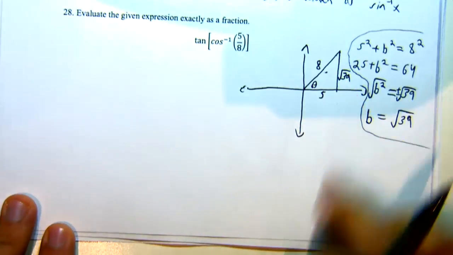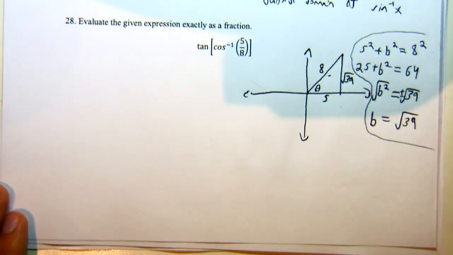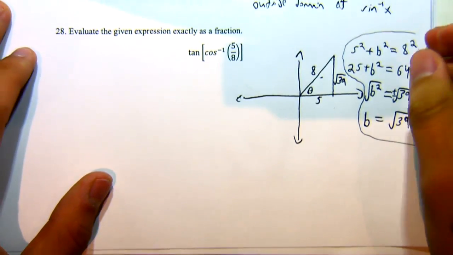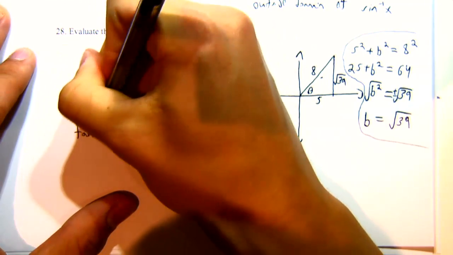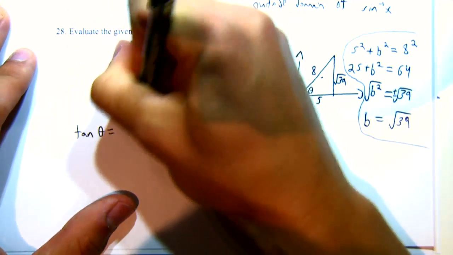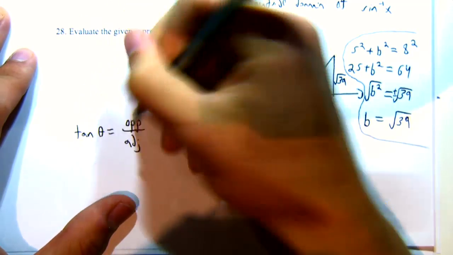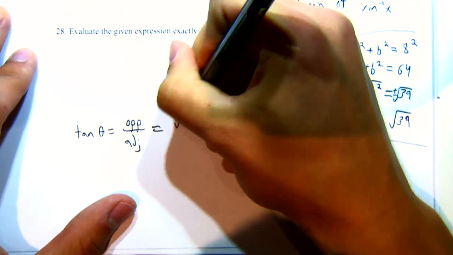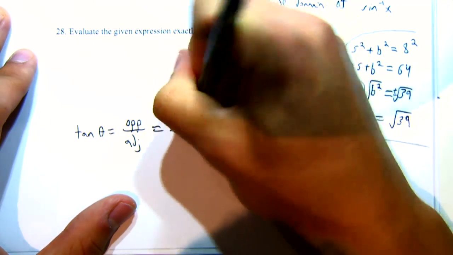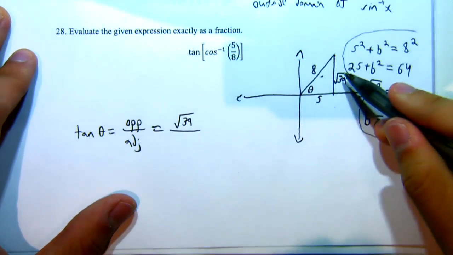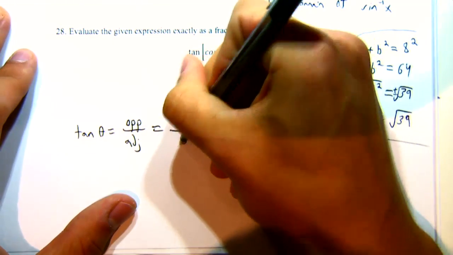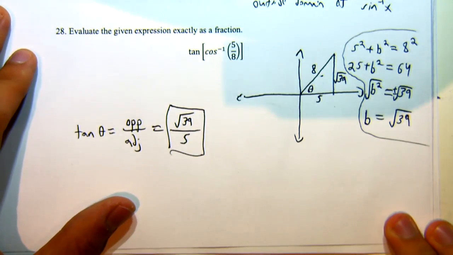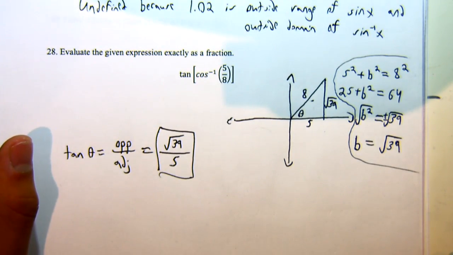Alright, so that's square root of 39. So now we can go ahead and use this to find tangent. So we know that tangent is opposite over adjacent. So opposite is square root of 39, and adjacent is 5. So that is our answer. Any questions there?